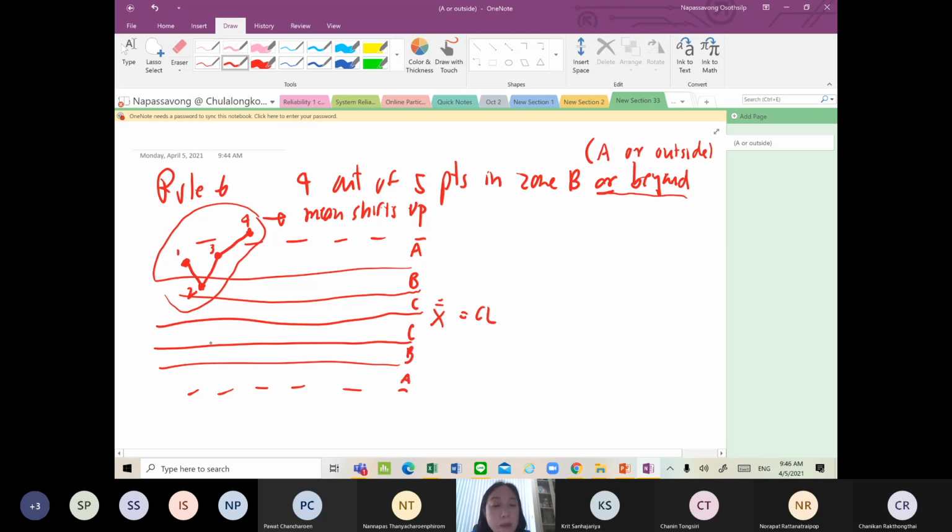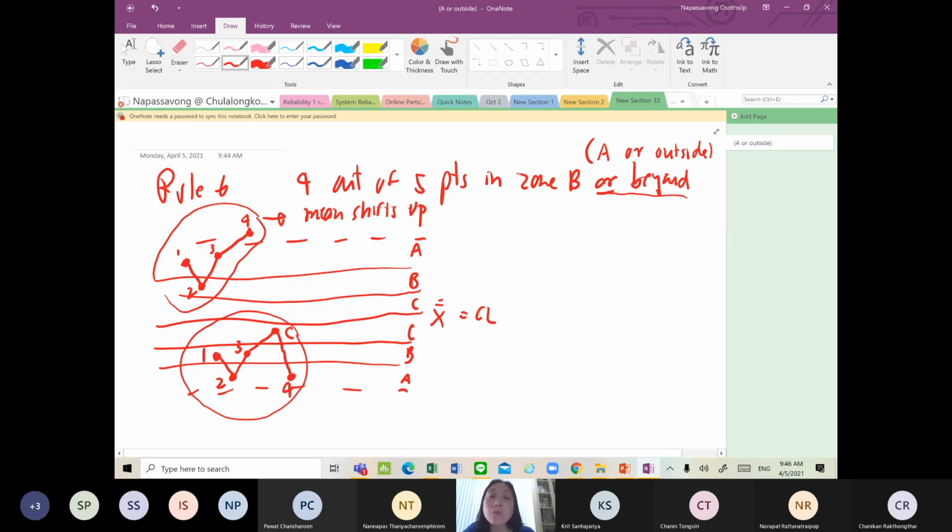Or if you have 4 out of 5 points, for example, 1 point here, 2 points here, 3, 4, and 5, but this point is in zone C, so it is not counted. You count only this point, 1, 2, 3, 4: 4 out of 5 points in zone B or beyond.